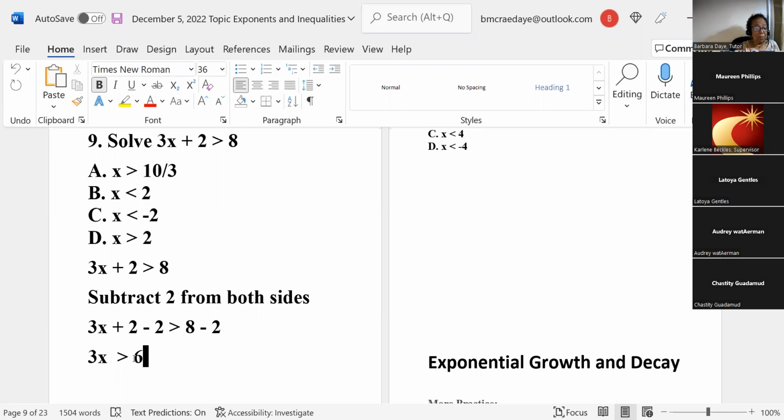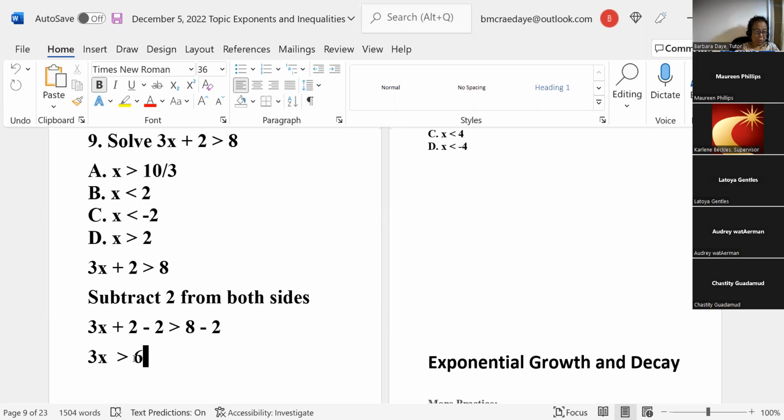Now, what could be values of x? Latoya, what did you just say? 3 divided by 3 on both sides. No, you didn't answer my question. What could be values of x so that 3 times it gives you something greater than 6? 3.